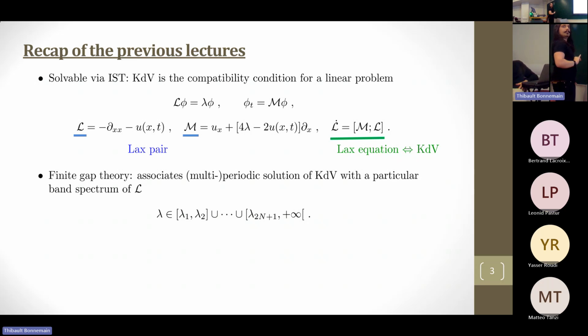Do you read that n is determined by the KdV equation, or is every n possible? No, every n is possible. Yeah, and every n is associated with a different spectrum. You have n gaps, n plus 1 bands, and depending on the size of the bands, you have different phases here, different wave vectors and frequencies. Okay.